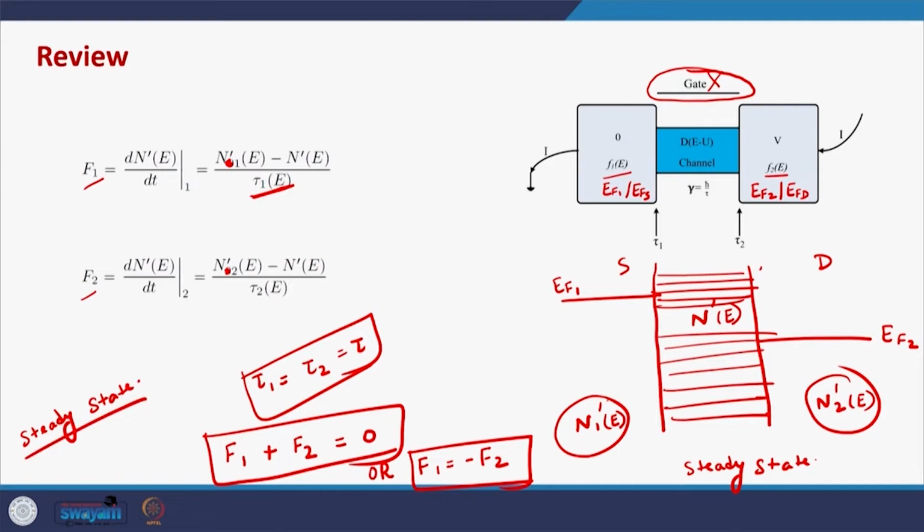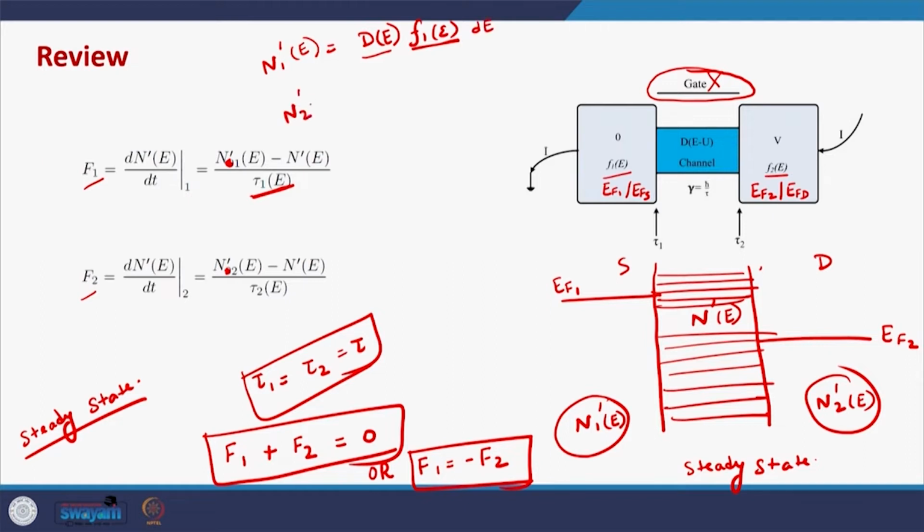In addition to this, what we know is that n1 prime E is equal to the density of states in the channel times the Fermi function of the channel, the number of allowed electronic states in the channel, times the probability that a certain state is occupied by the electron according to the Fermi function of the source contact, times the energy gap.